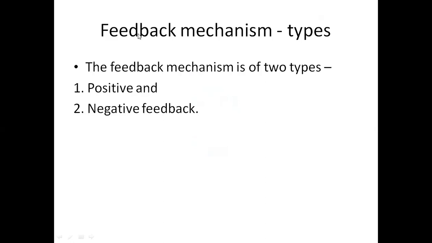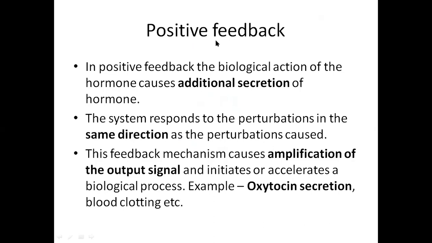Now, based on the impact caused by the sequence of events on the previously occurred event, there are 2 types of feedback mechanisms: number one, the positive feedback mechanism, and number two, the negative feedback mechanism. Now let us see the positive feedback mechanism. This process causes additional secretion of the hormone.